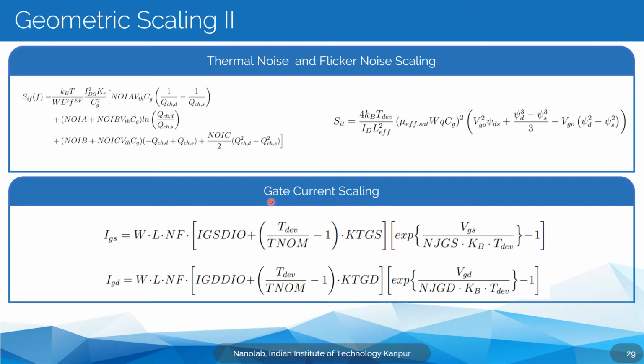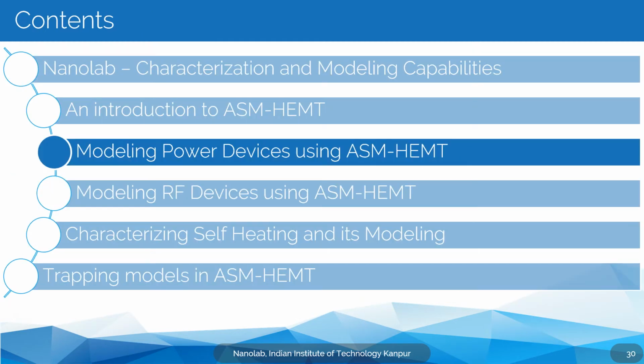There's also scaling of length and width in the gate current. All of these scaling parameters allow ASM-HEMT to be a properly scalable model. So that was all about the ASM-HEMT model and all the add-ons we have in ASM-HEMT.